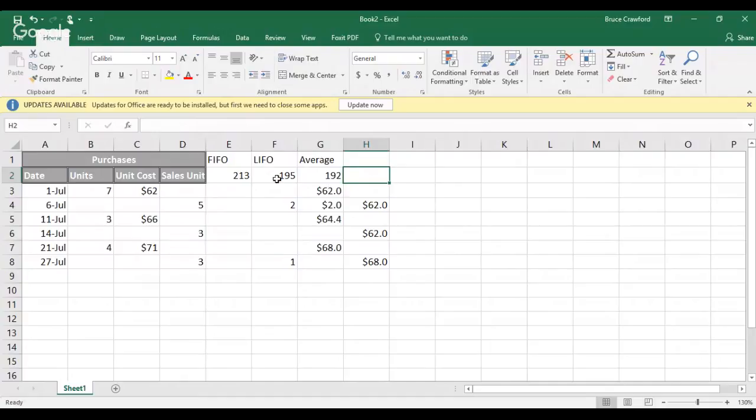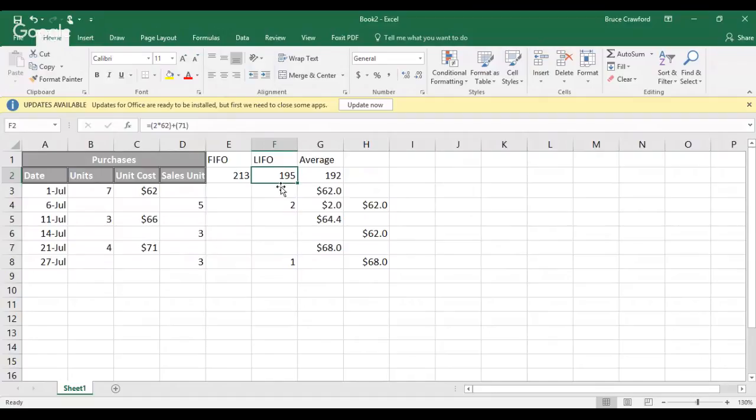So as you can see here, we have ending inventory costs for FIFO, LIFO, and average. They're highest with FIFO, and that's simply because you use products first, right? So your last remaining products are the last ones you purchased, which happen to be the most expensive in this example.